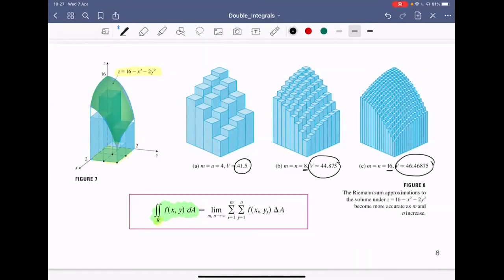But in real life, we are not going to just chop the base into n pieces and add them up. In real life, we are going to take m and n to infinity, and then use the fundamental theorem of calculus. But the idea before you do that actually comes from the Riemann sum. Does it make sense? Hopefully some of you can follow that. This is the idea or the theory of double integration.